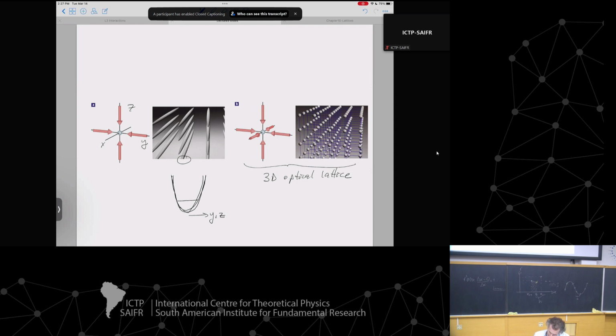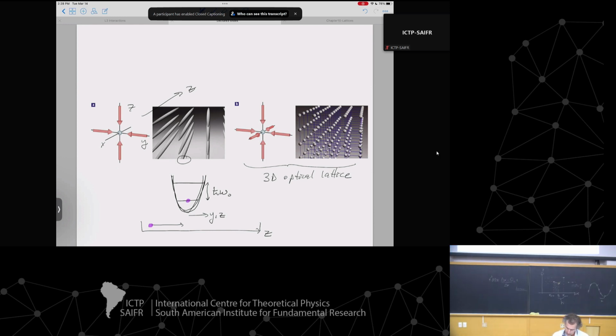And that's quantized with some kind of deep harmonic oscillator if I crank up the lattice. But in the other direction, I can have just a free or maybe weakly harmonically trapped cloud. And so atoms could, on the one hand, have the freedom to move in one direction, but not have the freedom to move in the y.